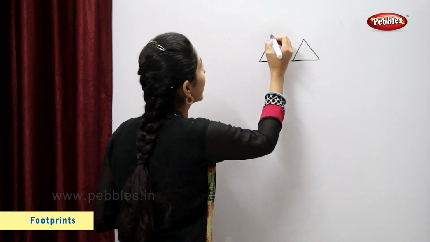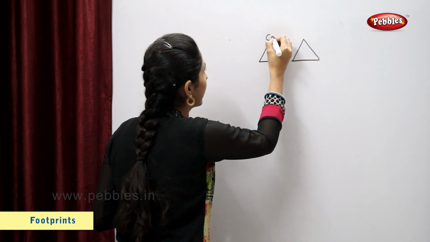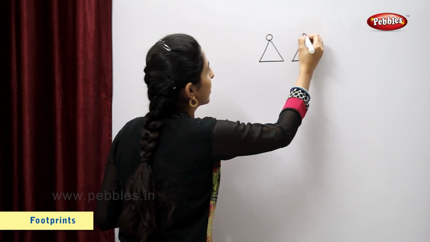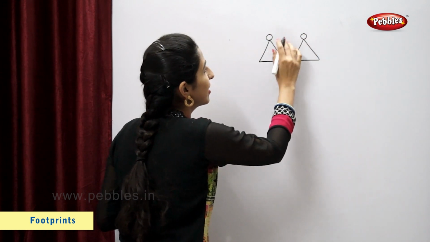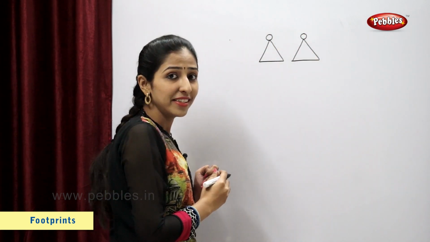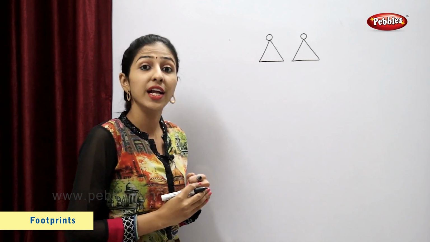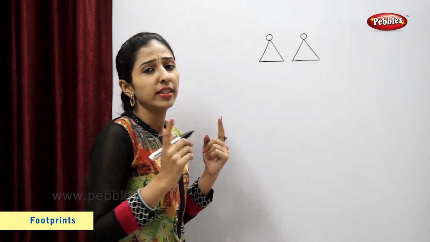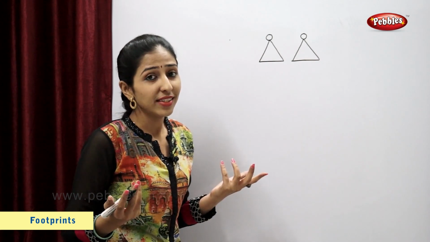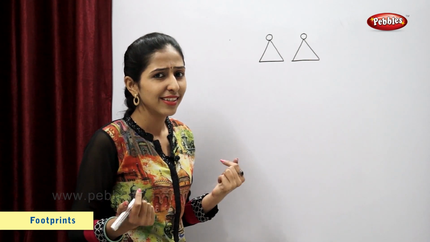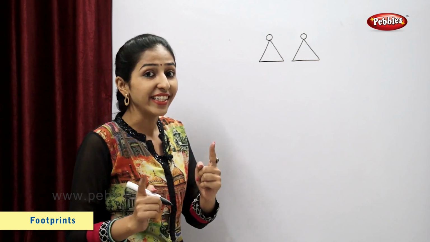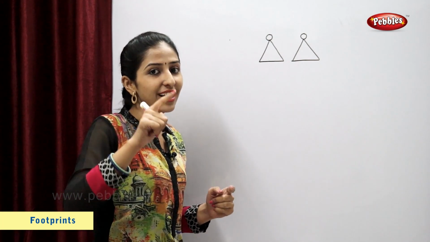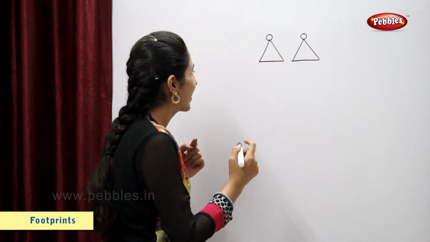Triangles, circles. Now let's make bangles. Tell me, students, what is the shape of a bangle? Right, that is a circle. Let's make bangles.